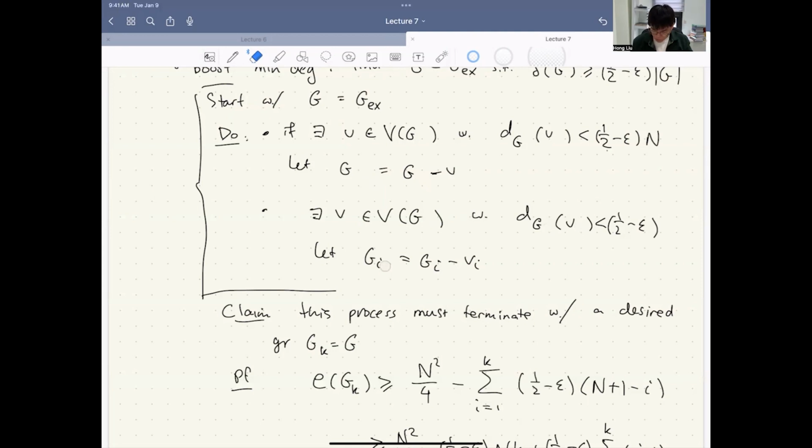Let me check what the index will be. Let's say you start with G_0. You remove a vertex V_0. Let G_1 be G_0 minus V_0.